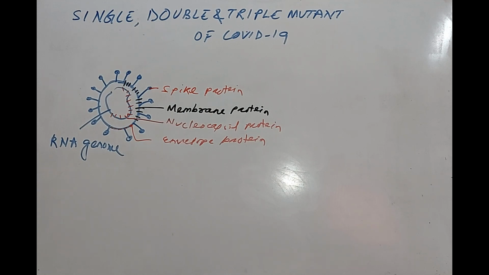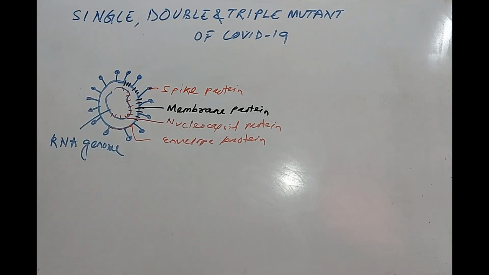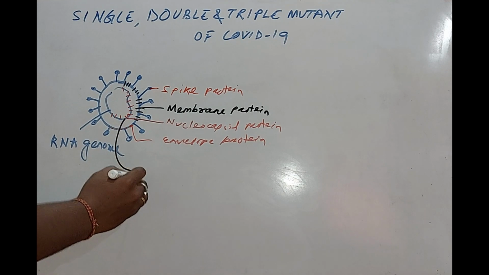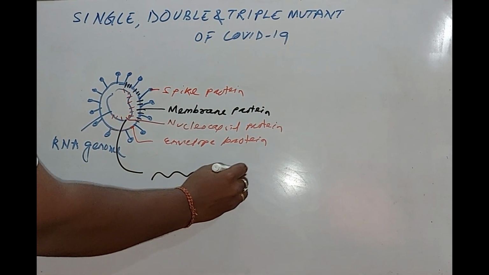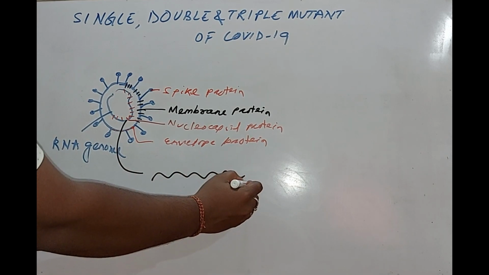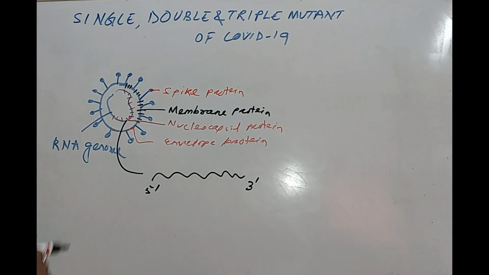And as the virus has RNA as the genome, suppose I take this one, this single stranded RNA. This single stranded RNA has two ends, one is the 3' end, another is the 5' end.